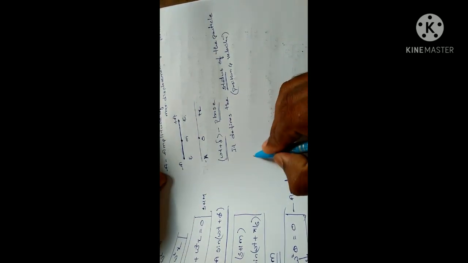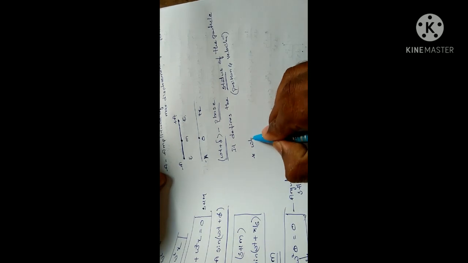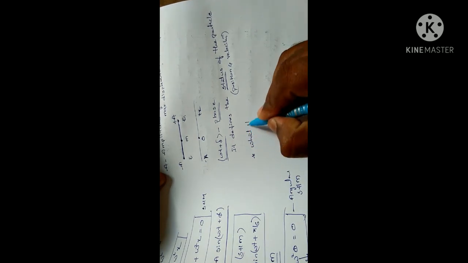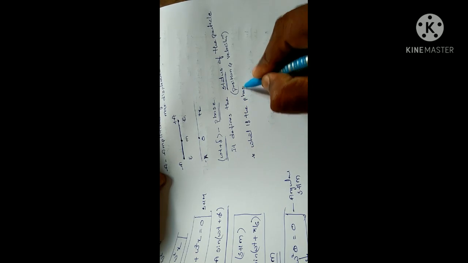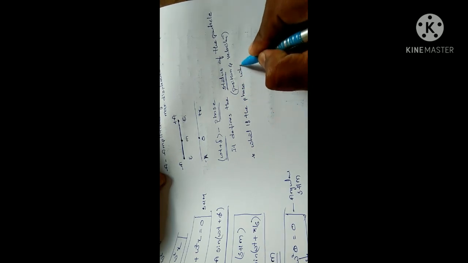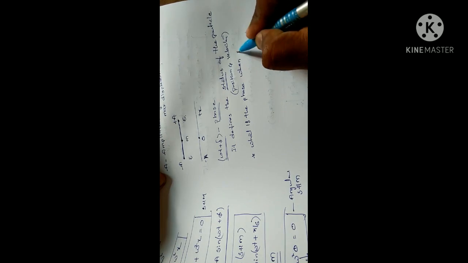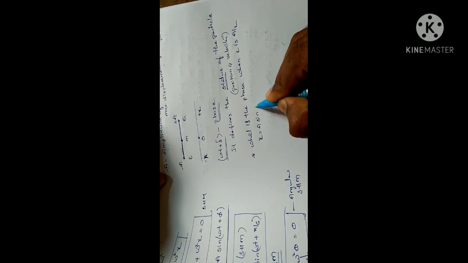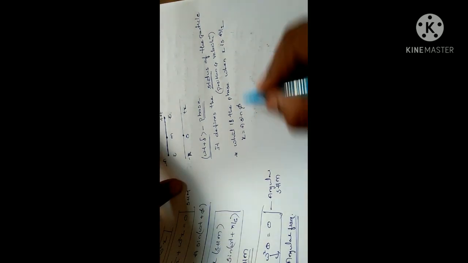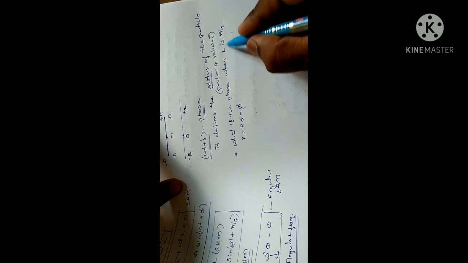Suppose, for example, let me take: what is the phase when x is A by 2, considering the equation x is equal to A sine phi. So he is asking what is the phase when x is A by 2.